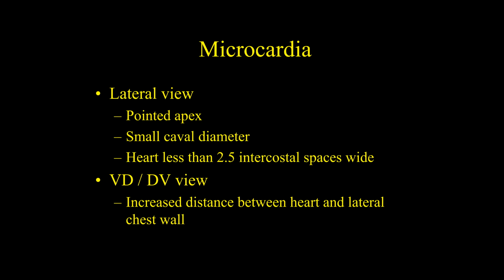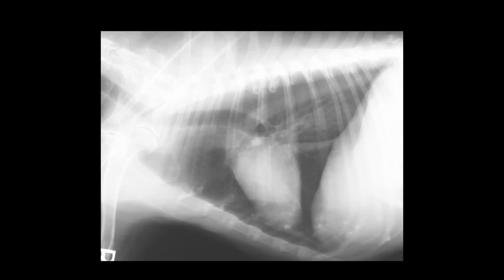And again, on the lateral view, we said the normal heart should be about 2.5 to 3.5 intercostal spaces in width. And this heart, if it's small, will be less than 2.5 intercostal spaces in width. On the VD view, again, there's increased lung opacity between the heart and the lateral thoracic wall on both sides. So the heart overall, compared to the size of the chest, looks small.